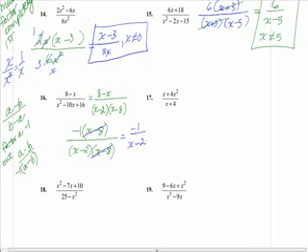It's not as gauche to leave a negative in the numerator as it is to leave it in the denominator, but you could write this as 1 over 2 minus x. If you distributed a minus through that denominator, the x would become negative and the 2 would become positive. Either way, what are my excluded values? 2. Good.